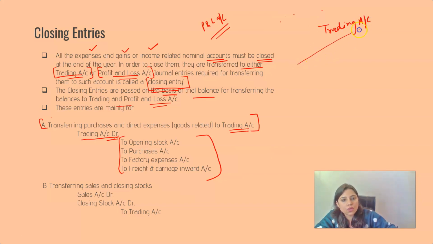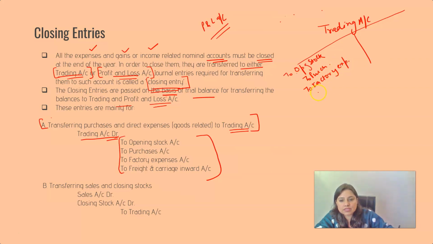So if this is the trading account, in the trading account, opening stock will reflect here. To opening stock, to purchases, to factory expenses. So these are the direct expenses which are related to the purchase cost of a particular asset or of a particular machinery.